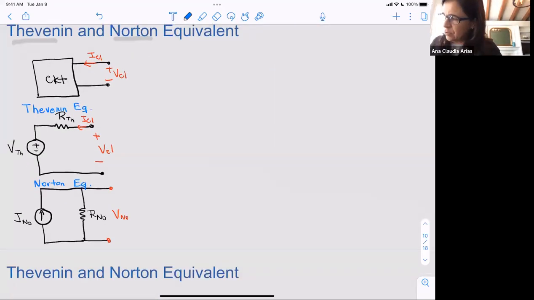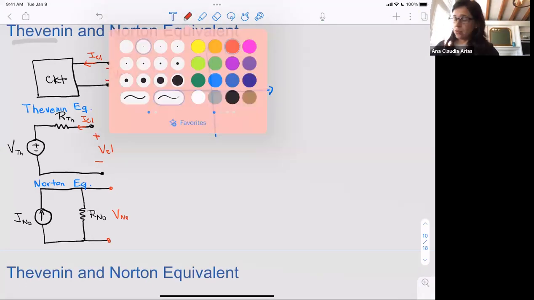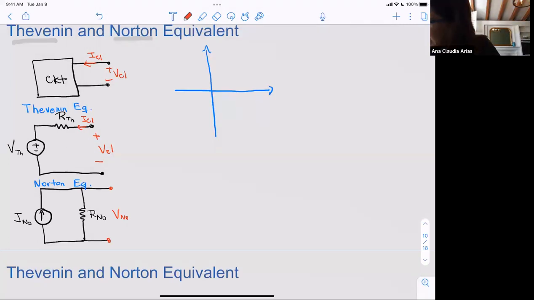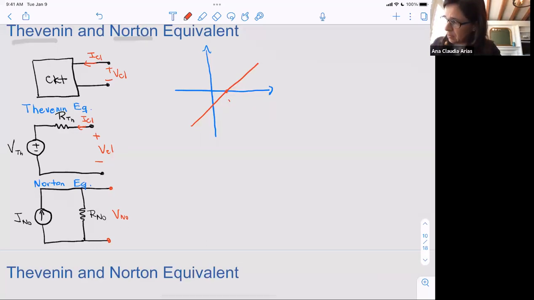So if I had to draw the IV curve for the Thevenin equivalent, it would look something like we just drew, like this, where it crosses 0, I'm going to call V Thevenin.